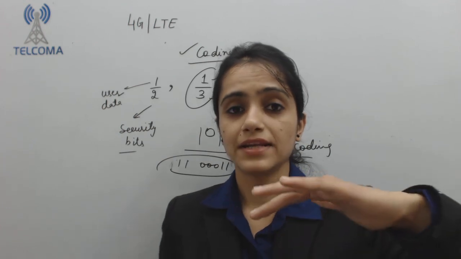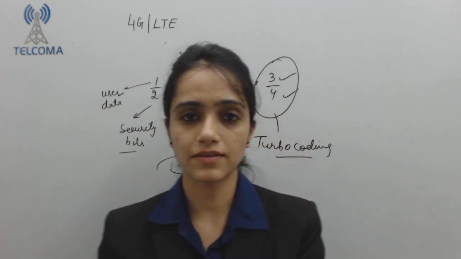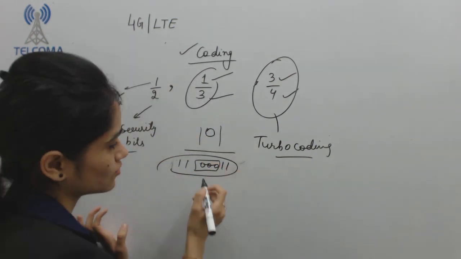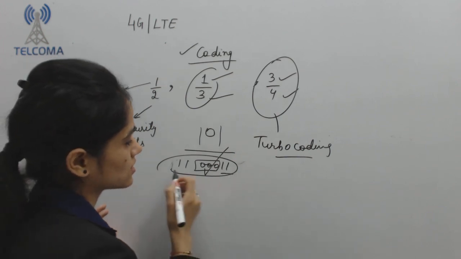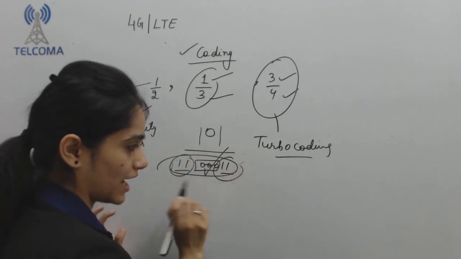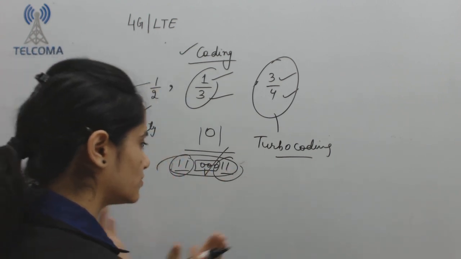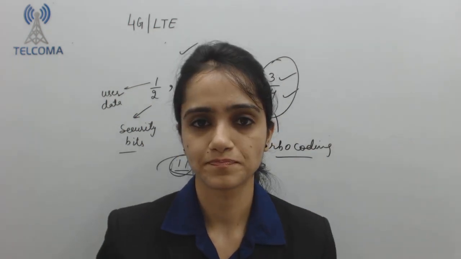But the thing is, I will not add more number of security bits, because if I have 3 bits and these are the user data bits, these will also consume speed, and also the security bits I have added with my bits will also consume bits. So if I add more number of security bits, that will affect my speed.